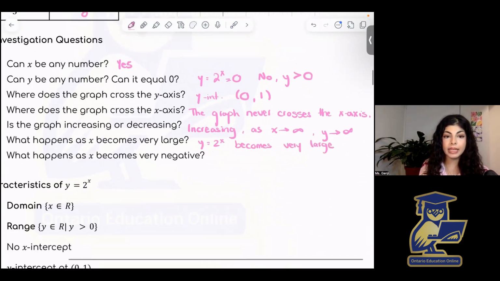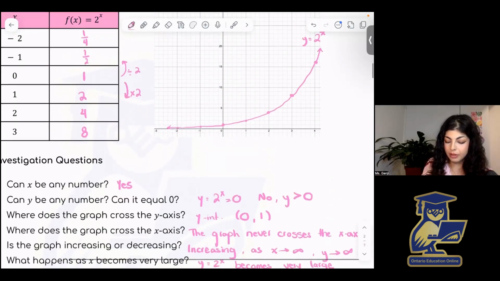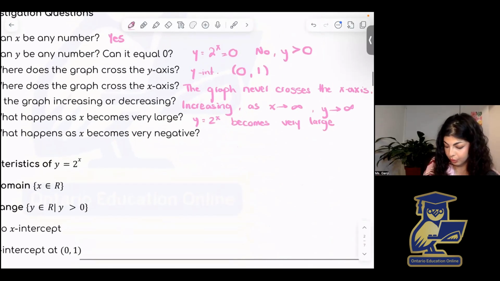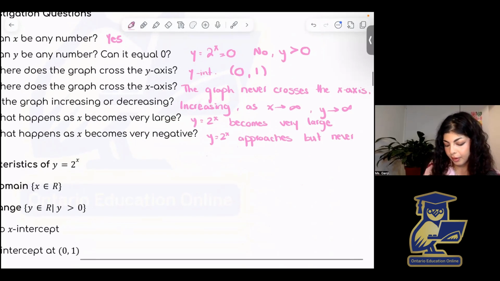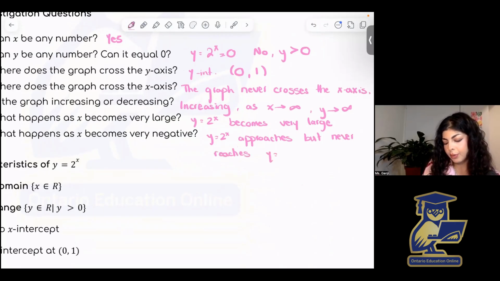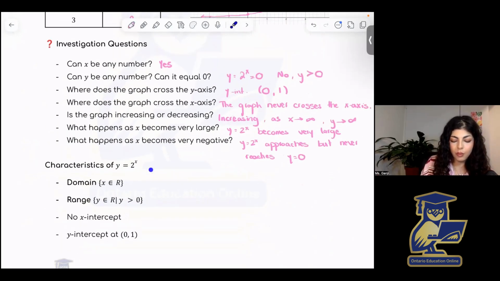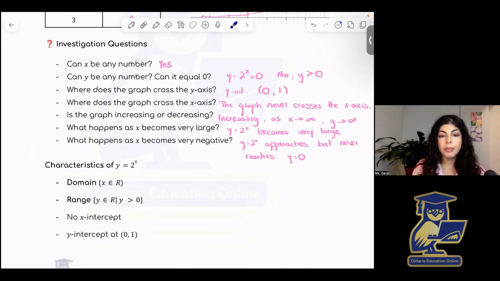And what happens as x becomes very negative? So here, y is equal to 2 to the power x, approaches but never reaches y equals 0.